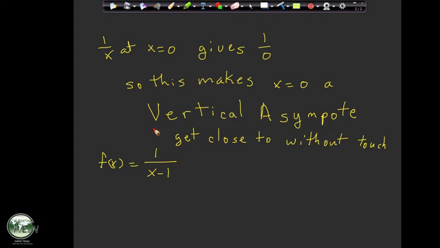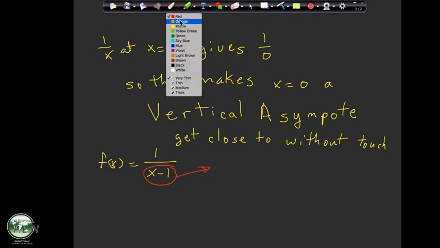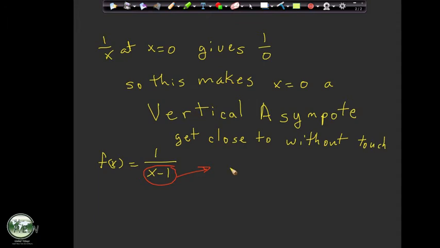What's going to happen here, we will get only one place, generally, sometimes two. But what we're looking for is what makes this bottom part 0. Where is x minus 1 equal to 0? Because as soon as it becomes 0, what's going to happen? We're going to shoot off to infinity, actually in both directions, depending upon which side we come at it from.